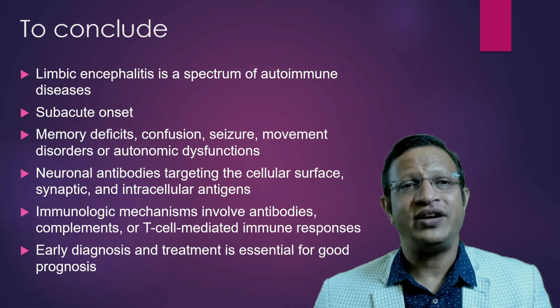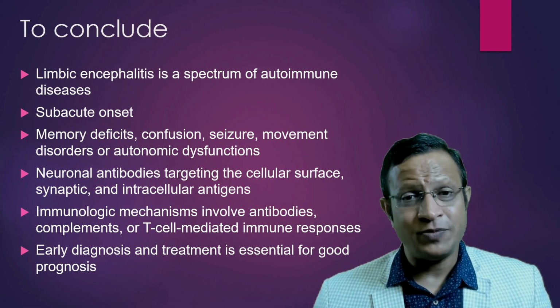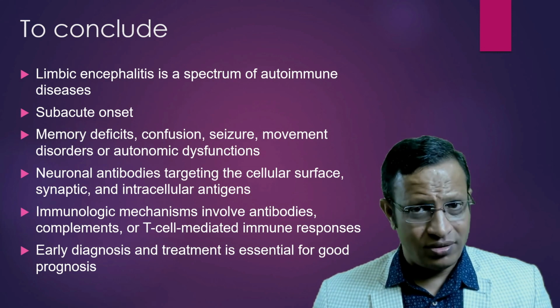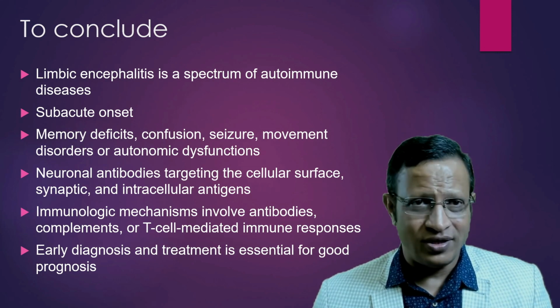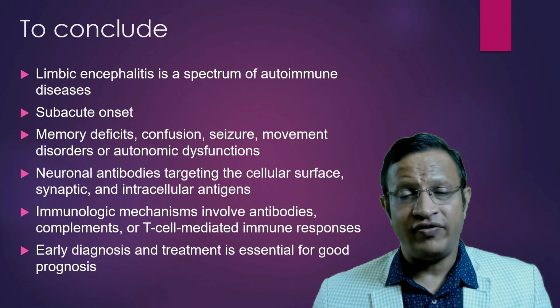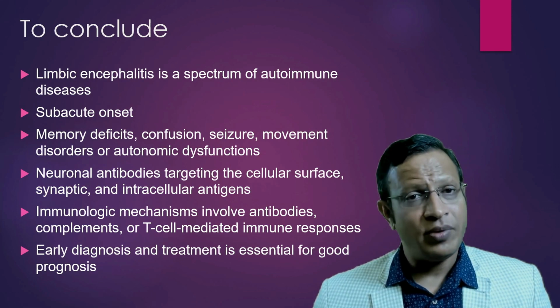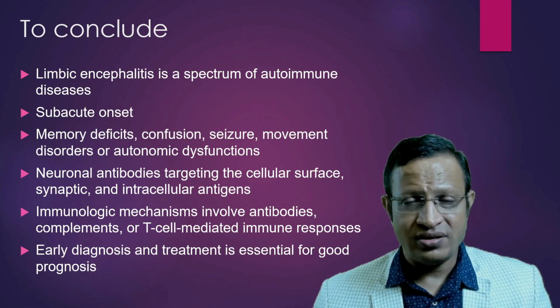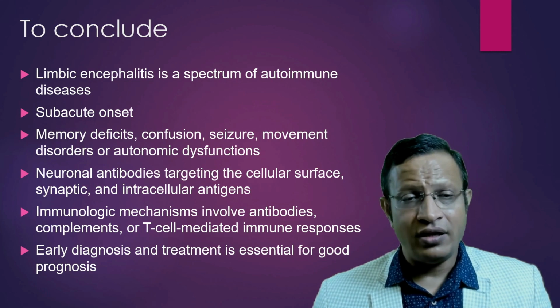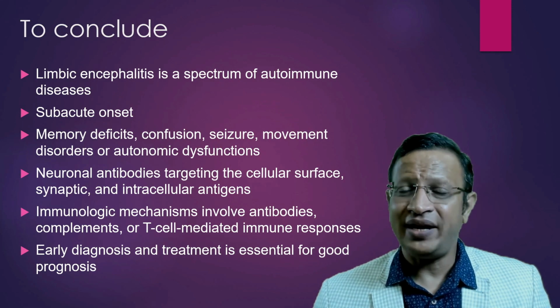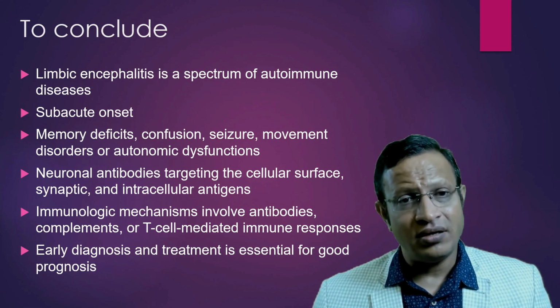To conclude, my dear friends, limbic encephalitis is a spectrum of autoimmune disorders. It is not one disorder. It is a cluster of many disorders. Usually it is subacute in onset, with presence of recent memory deficit, confusion, seizures, movement disorders, and or autonomic dysfunction. You can find neuronal antibodies targeting the cellular surface antigens, synaptic antigens, or intracellular antigens.